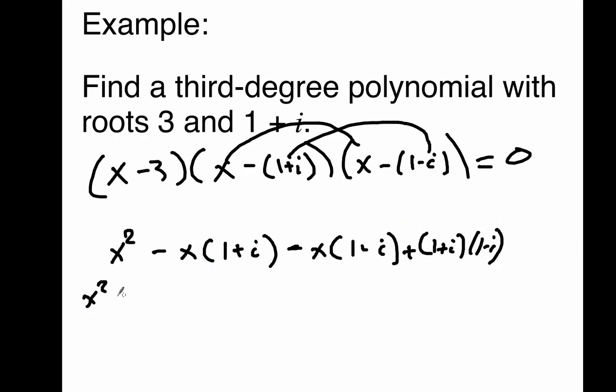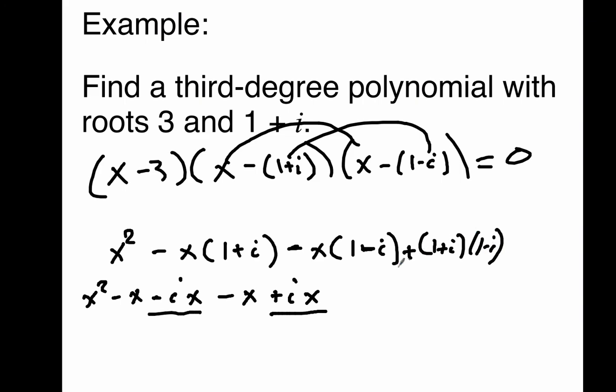You get x squared minus x minus i times x, if you distribute this -x, and over here, this is a minus sign here. You get -x times 1 is -x, -x times -i is a positive i times x, and you can already see that these two terms are going to cancel out.